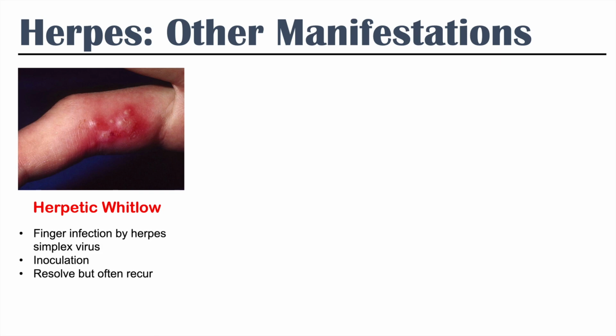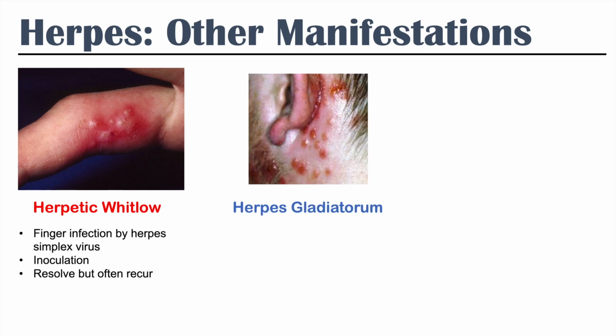So another manifestation of cold sores or herpes can be herpes gladiatorum. So herpes gladiatorum is basically a herpes infection of the face, the neck, or the arms. So again, same thing as before. There's an inoculation of a certain site, not a lip, not a finger, but a face, neck, or arm.